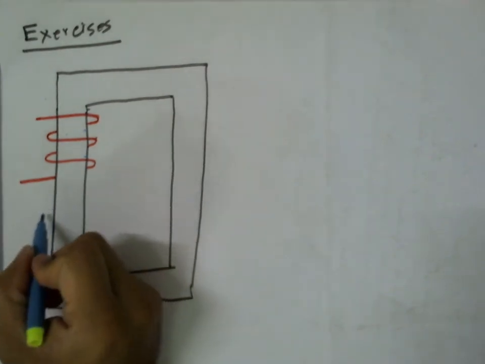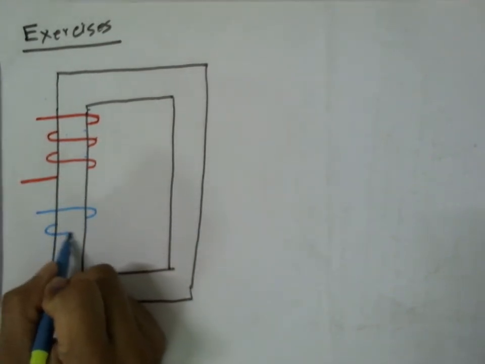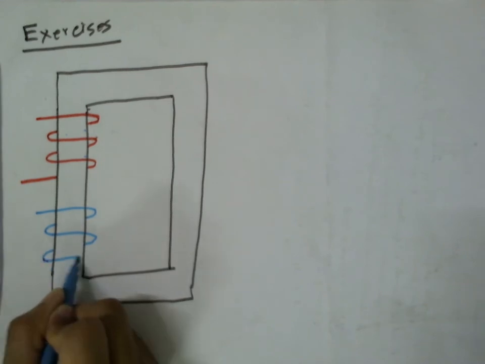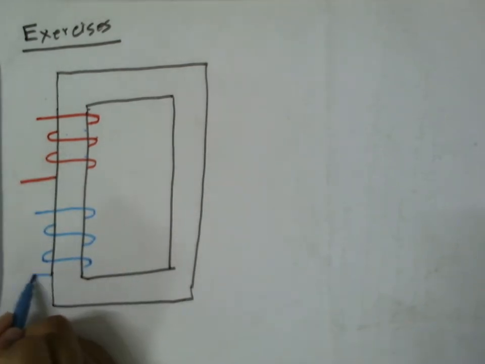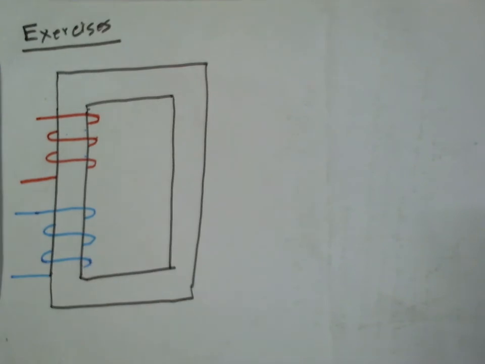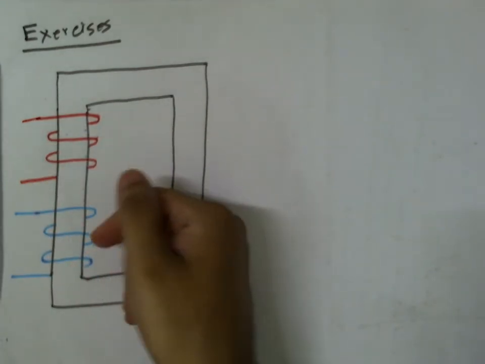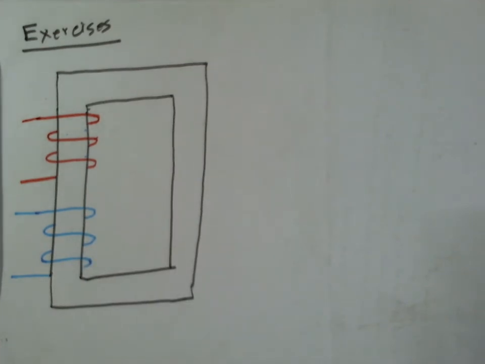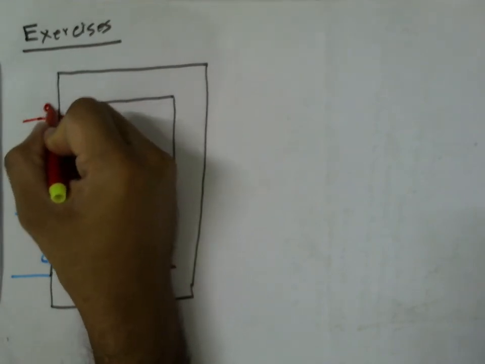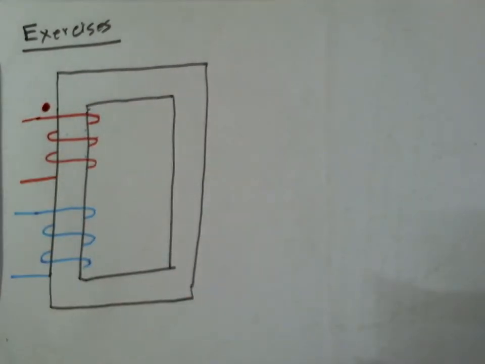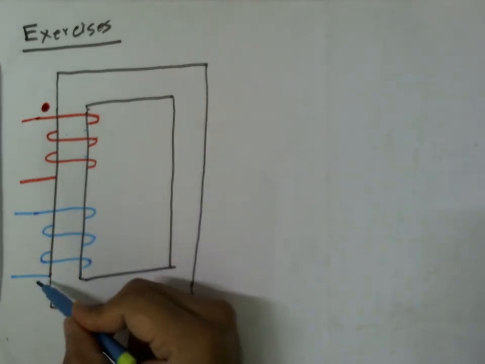One, and here is the other. The question here is, how can I put the dots along these two coils? Say, if I put a dot here, where should I put the other dot? Should I put it here or should I put it here?